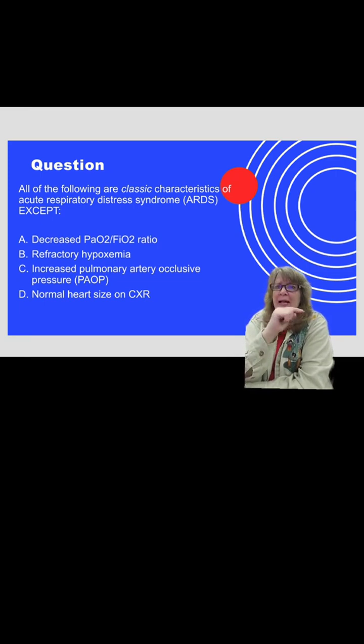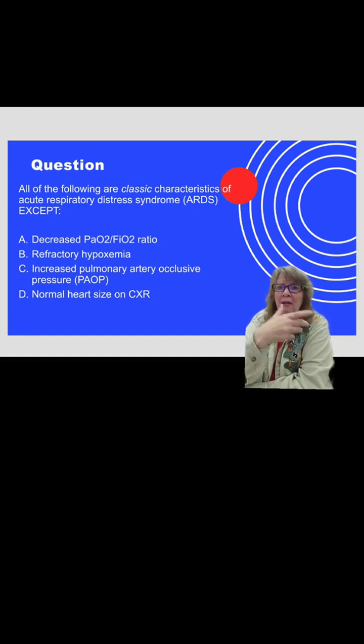Now, I'm just going to skip down for a second because this will make sense in just a moment. D, normal heart size on chest x-ray. This is what helps us differentiate a non-cardiogenic pulmonary edema, like ARDS, from a cardiogenic pulmonary edema, like decompensated left-sided heart failure.